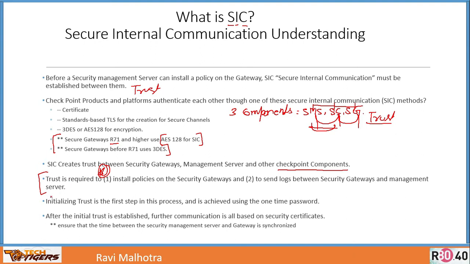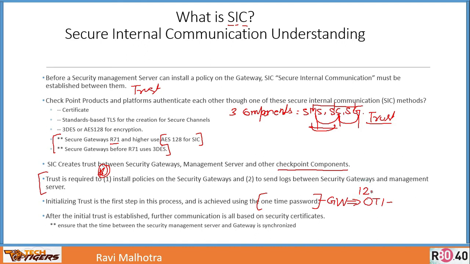Now, initializing trust is the first step in this process and is achieved using a one-time password. I just want you guys to go back and refresh your memory. The moment you start creating a gateway, during that installation, it asks for a one-time password.